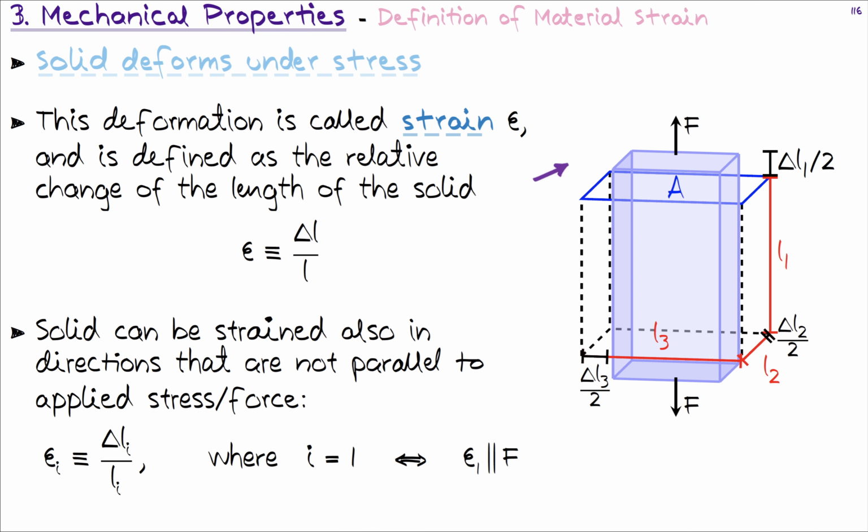For example, looking at this figure, we are applying a tensile stress on our piece of material, and when we want to understand how its other dimensions change, we should quantify these changes with the transverse strains, epsilon 2 and epsilon 3.